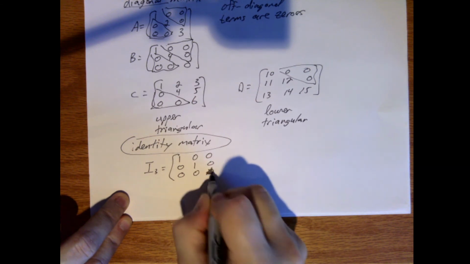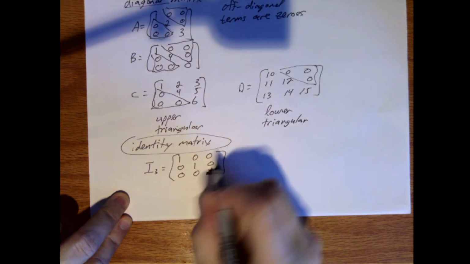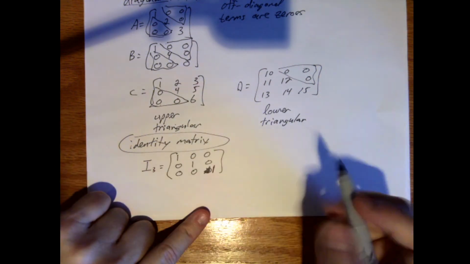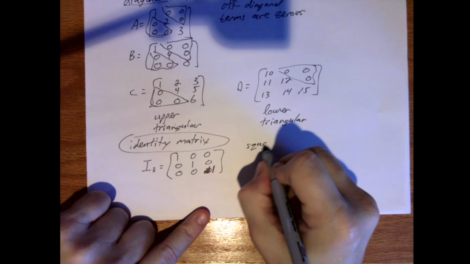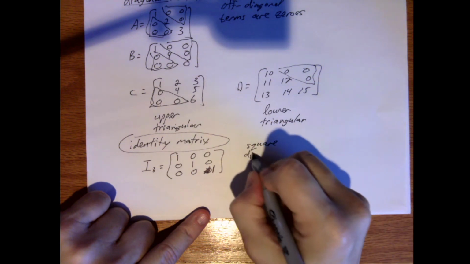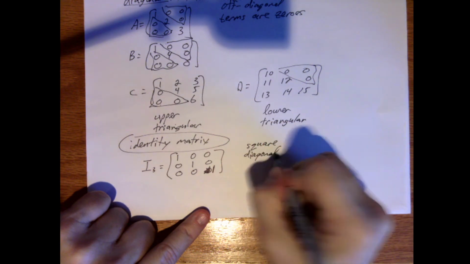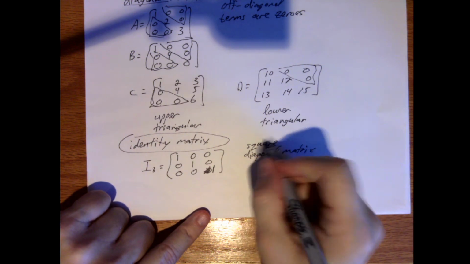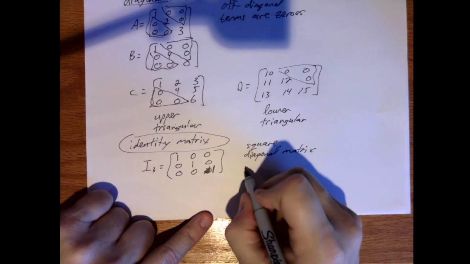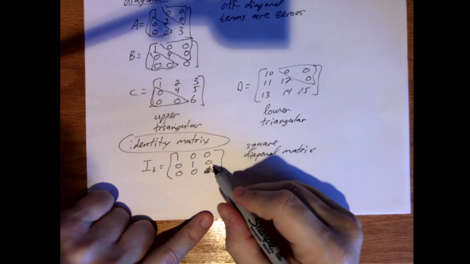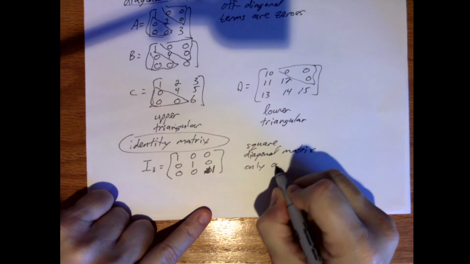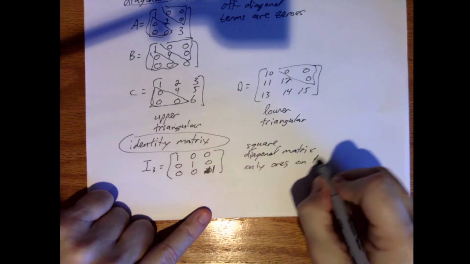Sorry, that last one should be a 1. All right, so 1, 1, 1 on the diagonal. So what do we know about an identity matrix? Well, it's square. It's a diagonal matrix, which also means it has to be square, so that's kind of redundant. And the main diagonal consists of only ones. Only ones on the main diagonal.